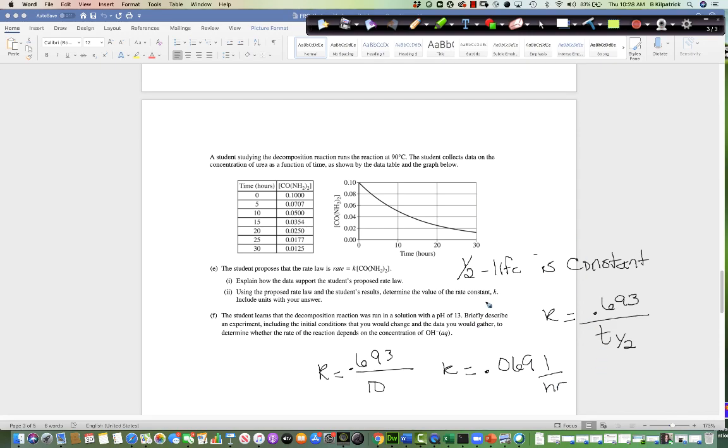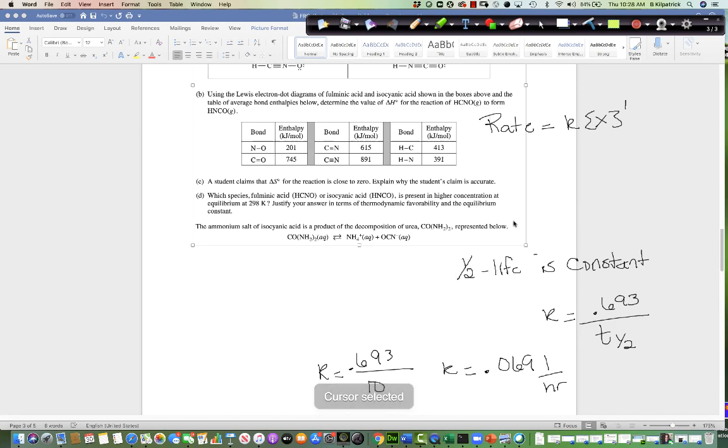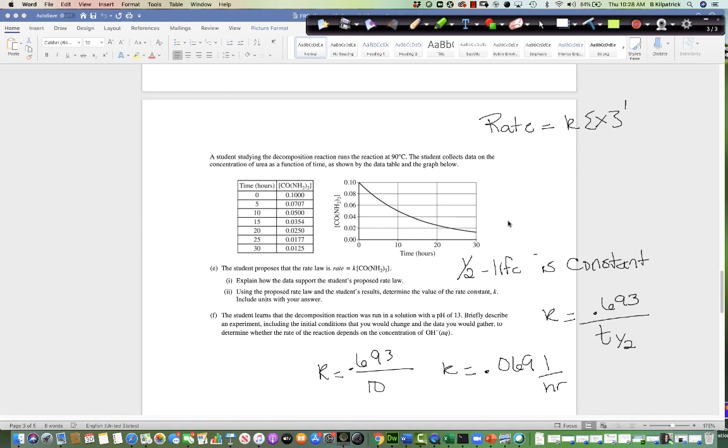Now, the other thing that you could do is you say, okay, well, I know it's first order. So when I'm looking at this, my rate, if I go back to the data, I am measuring the concentration versus the hour.